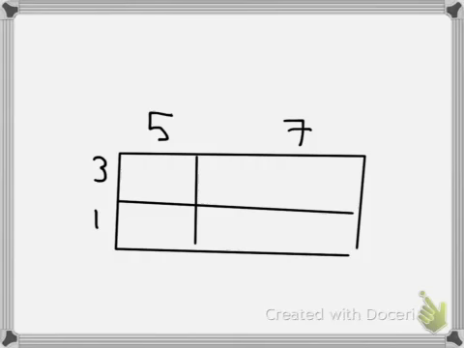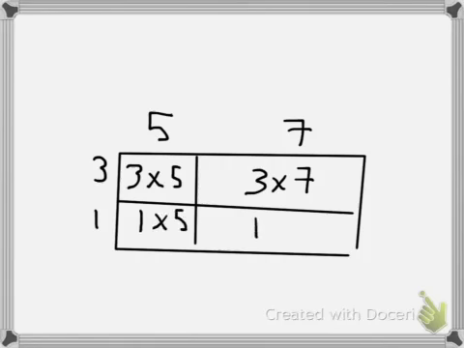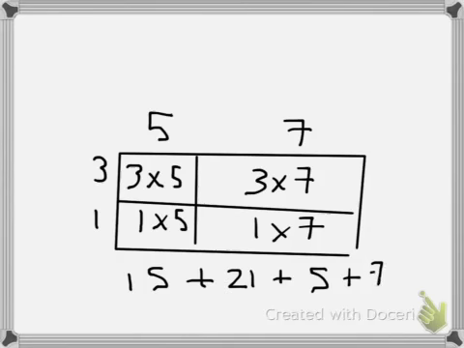So if we were doing a calculation of areas, it would be 3 times 5, 3 times 7, 1 times 5, 1 times 7. So you would have 15 plus 21 plus 5 plus 7, and that gives you 48.